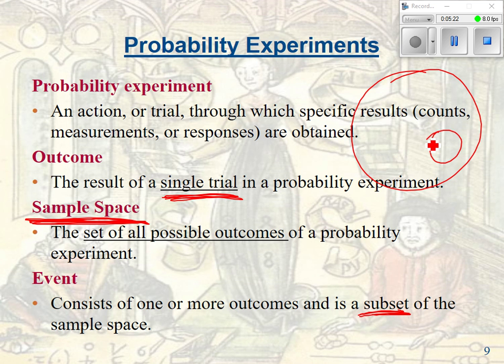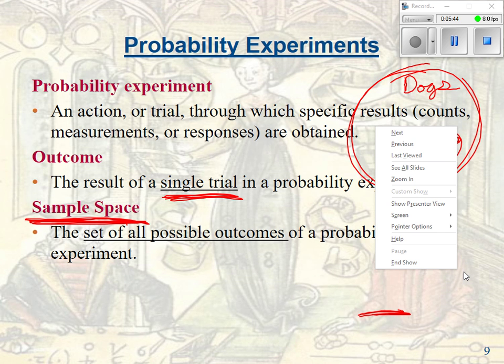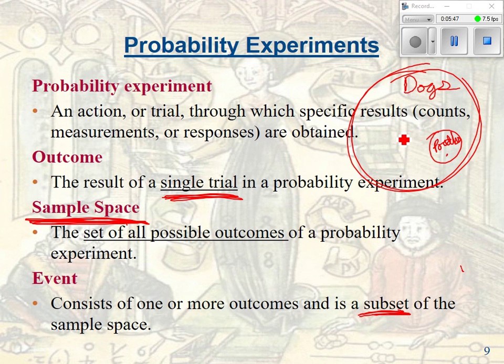If this whole big circle was dogs, and we wanted just poodles, this would be our event that we're looking at, and the dogs is the whole sample space. And then a single trial or single outcome is us picking a dog, and we pick Rex. Oh, what was my dog's name?